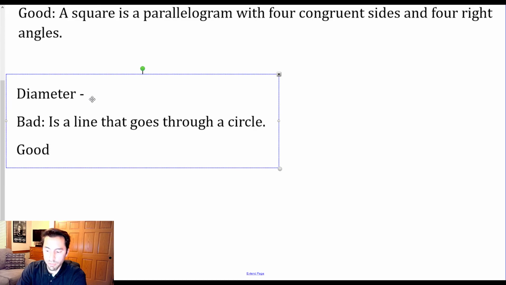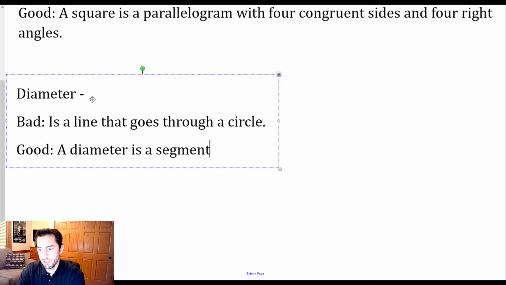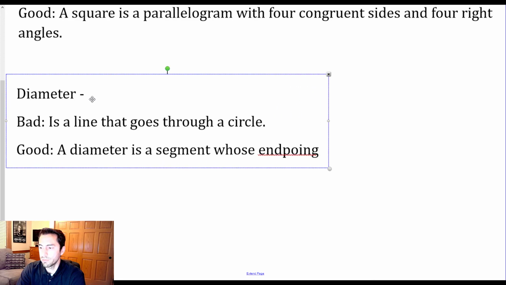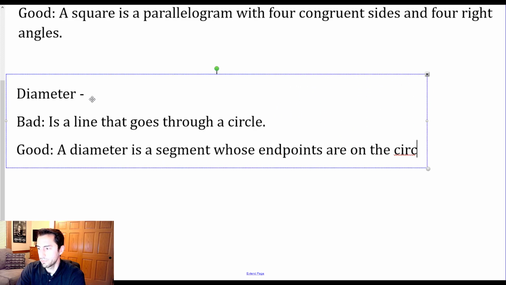So an example, a good definition for a diameter, maybe I would say a diameter is a segment, right? It's not a line, it does stop. Segment whose endpoints are on the circle and the other piece that's important is we know the diameter has to go through the center.